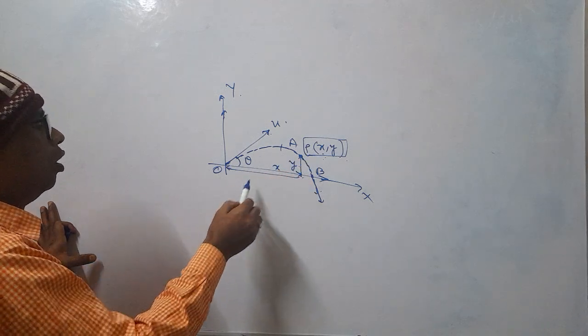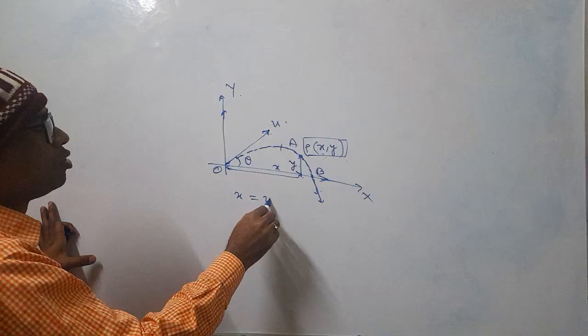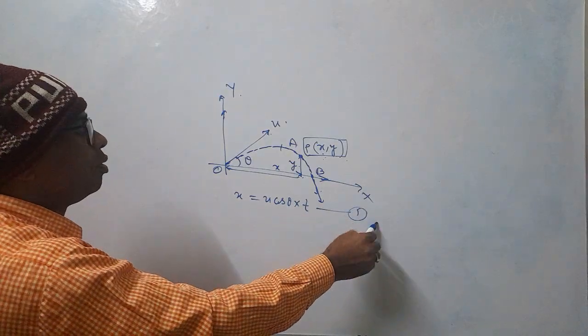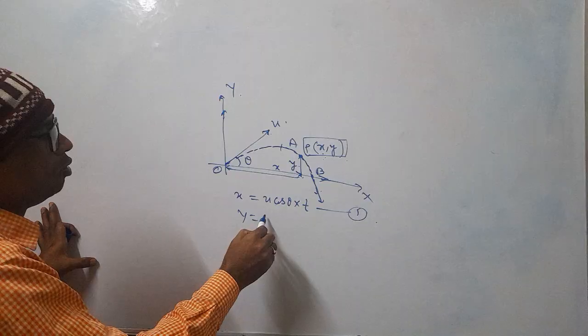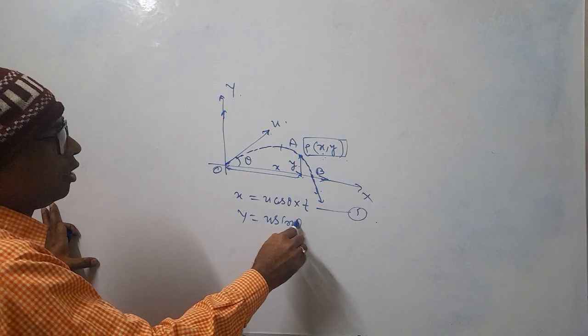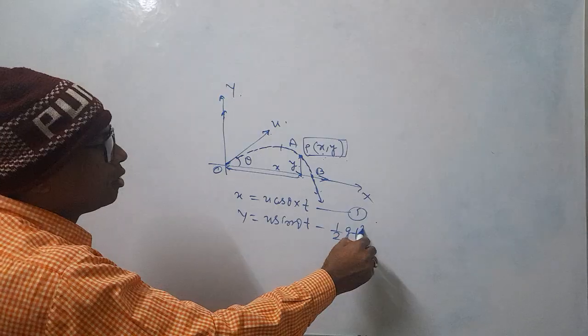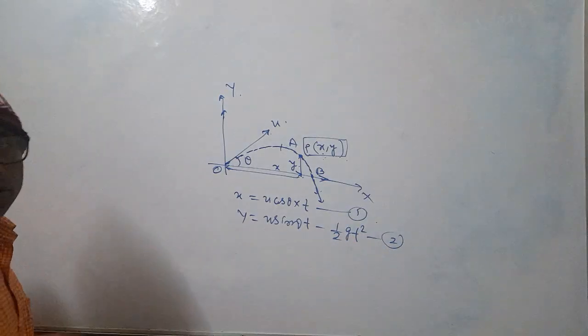We get x equals u cos theta into t. This is the first equation. And y equals u sin theta into t minus half g t square. That is the second equation.